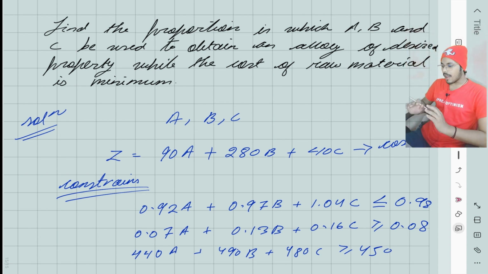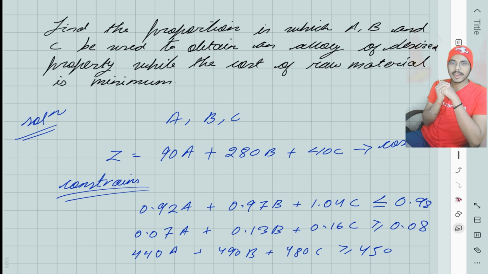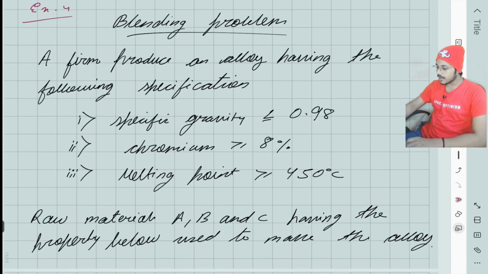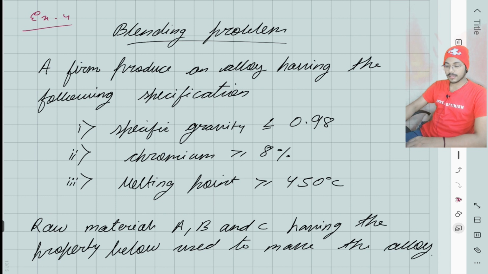Once you get the model, there are different ways to solve it. In the previous lecture I told you the simplest way, that you equate it and get the maximum. That is a manual method. There are ways to solve these linear problems. We studied four examples in this lecture: the first example we had learned in the previous lecture, and these are the three examples we learned.